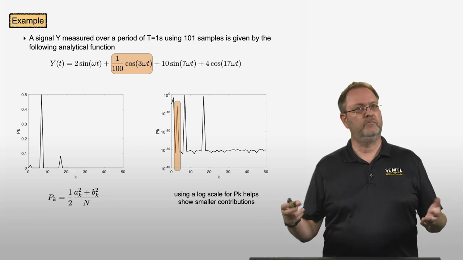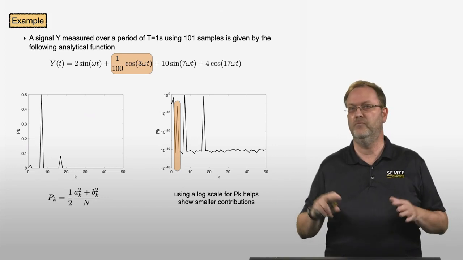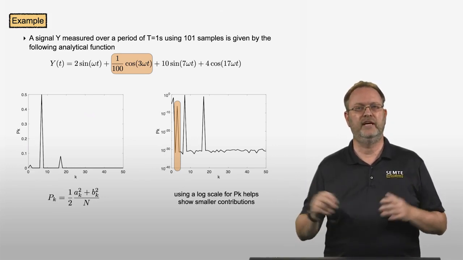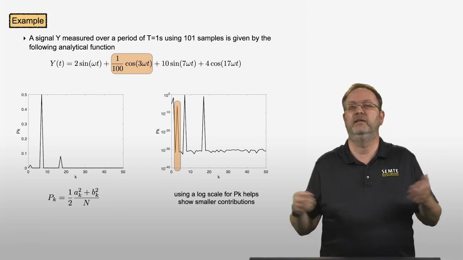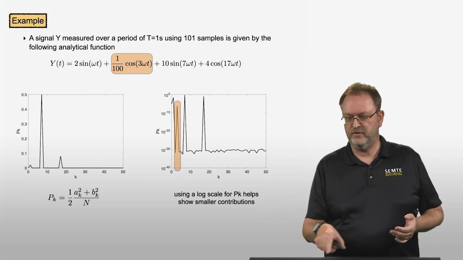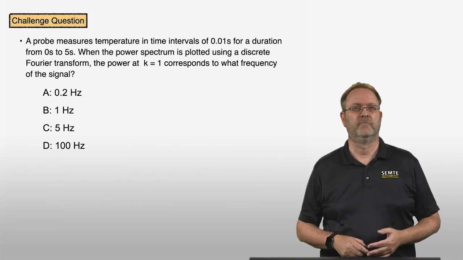The power spectrum involves the square of this amplitude, so that puts the numerical round-off error around 10 to the negative 32, 10 to the negative 31. And that's what we see here in the semi-log y plot: those values not being 0 is because of round-off errors.